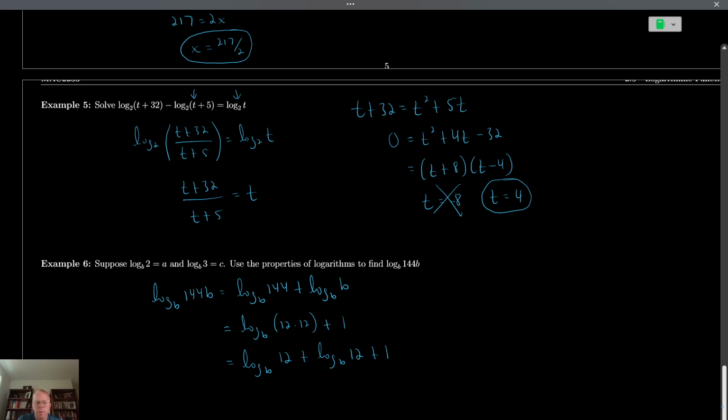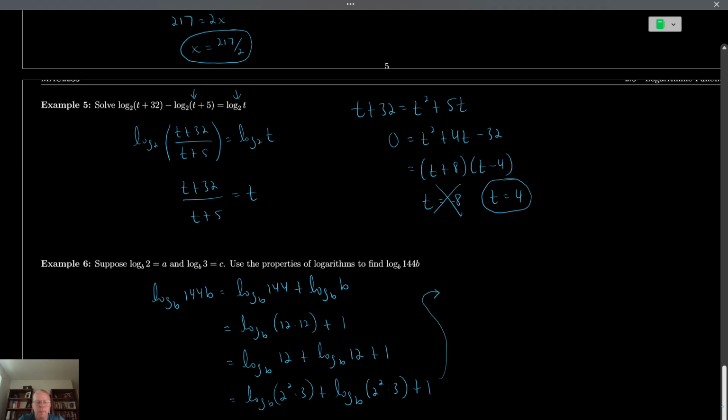Now 12 is 2 times 2 times 3, or we could write 2 squared times 3, in both logs. There's probably an easier way to do that. Looking at this, we could have written 12 squared here and just brought the 2 in front, but we'll keep going the way we're going.